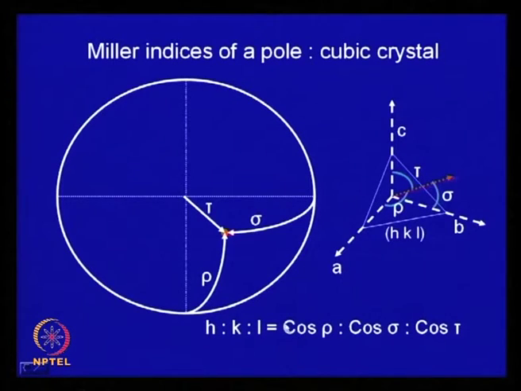So, basically magnitude of cos of an angle is a fraction. So, if you can with a suitable multiplier make it integer, then hkl will be the indices of the plane.